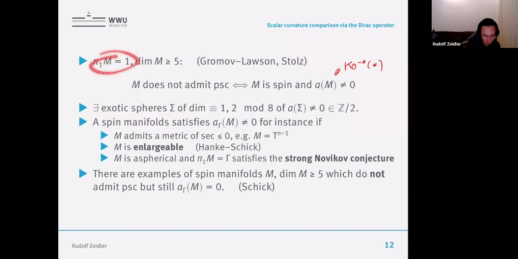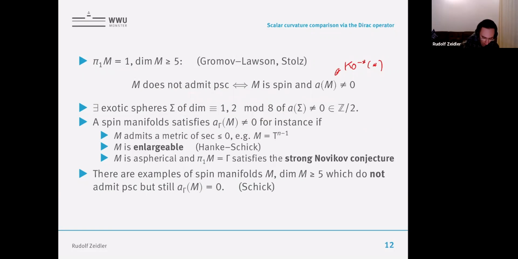And that applies to simply connected manifolds. Here, this actually includes some exotic spheres, starting from dimension 9 and 10 modulo 8. So there are some exotic spheres, which is quite interesting, that have a non-vanishing alpha invariant and therefore don't admit positive scalar curvature.